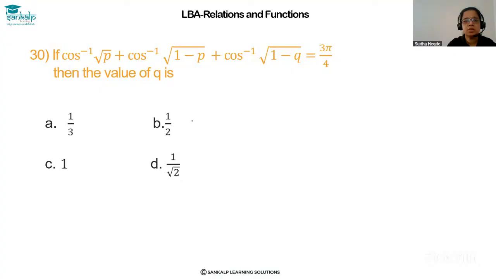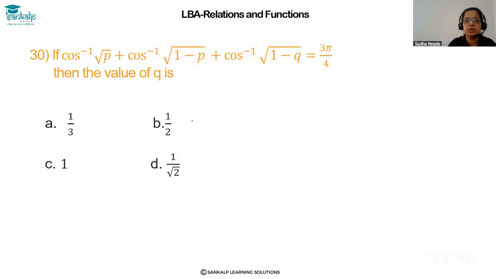Hi students, the question is if cos inverse root p plus cos inverse square root of 1 minus p plus cos inverse square root of 1 minus q is equal to 3 pi by 4. Find the value of q.